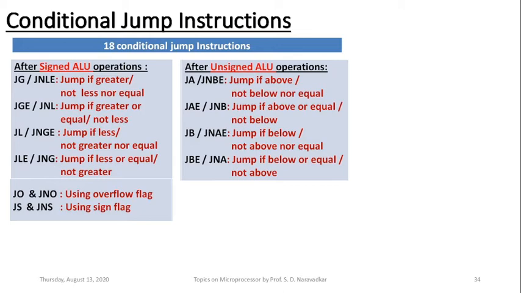Then the third instruction in this category will be jump if below, JB, having alternate mnemonic jump if not above nor equal, JNAE. And then the last instruction here, jump if below or equal, JBE, is certainly jump if not above, JNA.